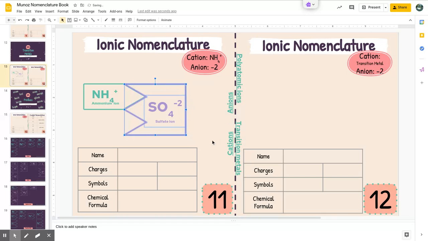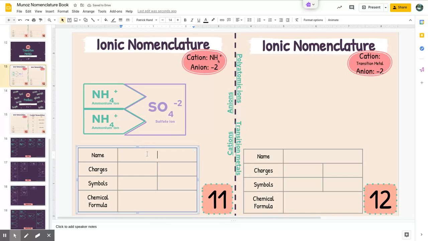And you see, since ammonium is +1 and I have a -2 anion, I'm going to need a second +1 to make the puzzle pieces fit. All right, that looks good. So the name is going to be ammonium sulfate.